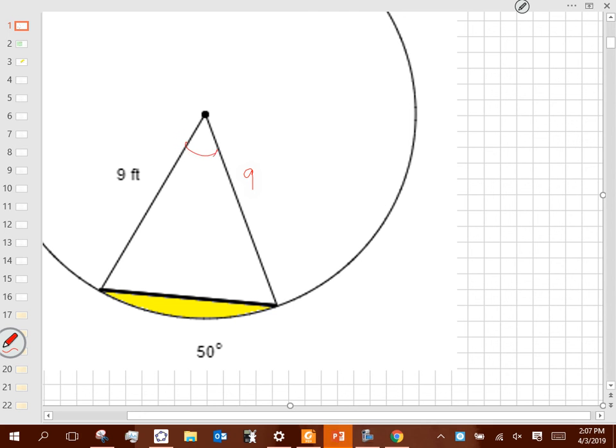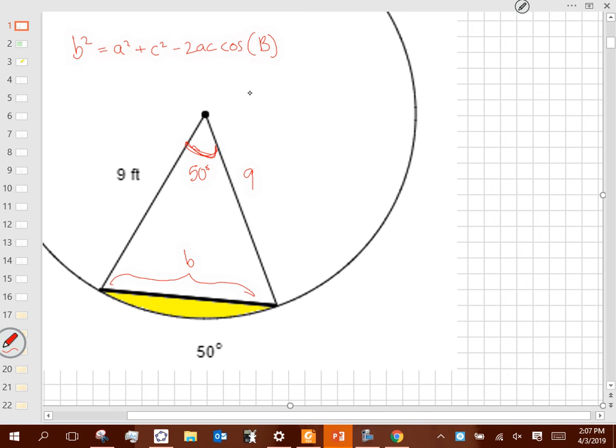Do you guys remember a rule that we could use to find this length right here? I'm just looking at the triangle here. Do you remember this formula? Well, let's call this B. Do you remember B squared is equal to A squared plus C squared minus 2AC cosine of capital B?